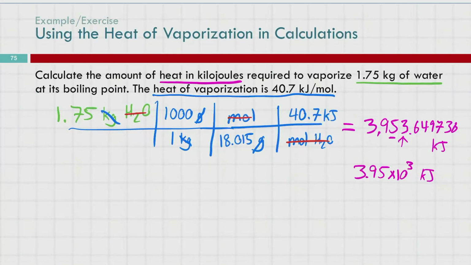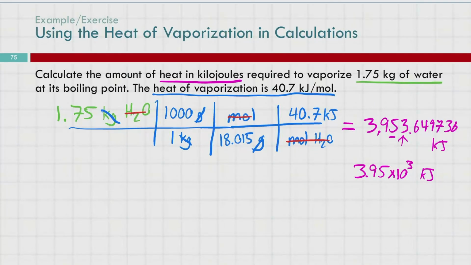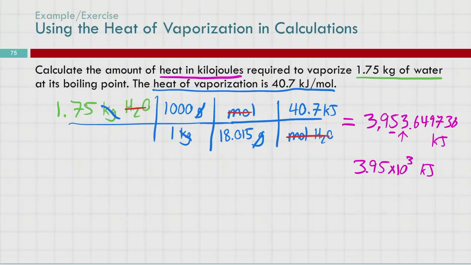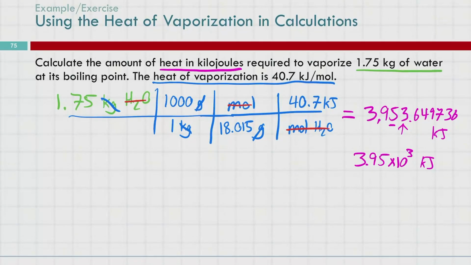So that's the amount of heat that we would have to put into about half a gallon of water. That's what 1.75 kilograms is, to get it to boil, or to get it to turn all the way from a liquid into a gas.